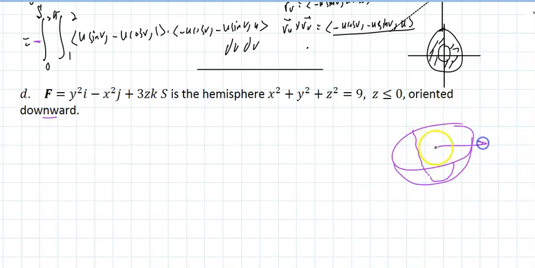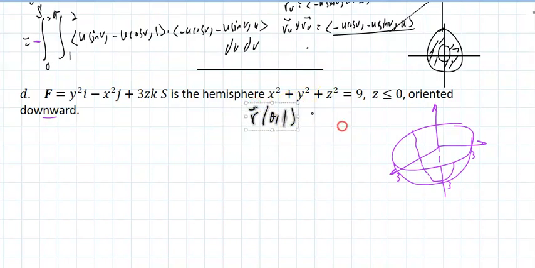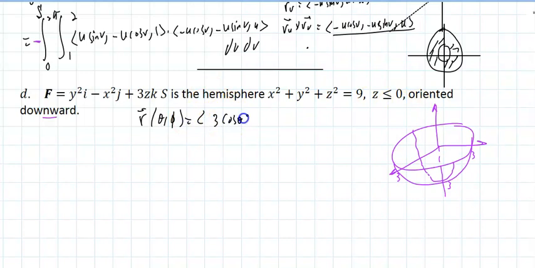And then put the axis on it. Something like that, right? Where this is 3, this is 3, and that is 3. Well, we know how to do this. We say, well, okay, look, we know that we're looking at r of theta and phi, and we don't like it, but we know how it works. That's going to be rho 3, the cosine of theta sine of phi, 3 the sine of theta sine of phi, and 3 the cosine of phi.